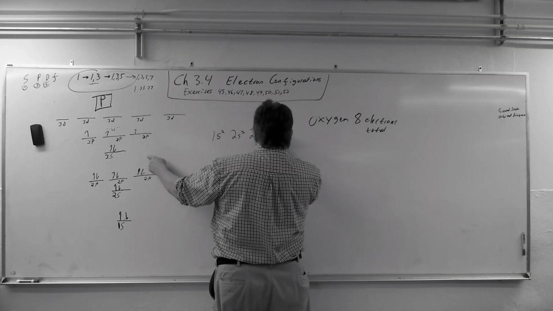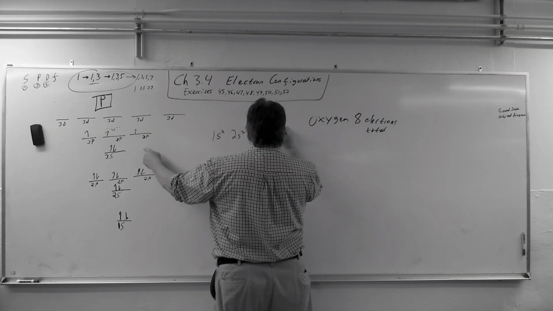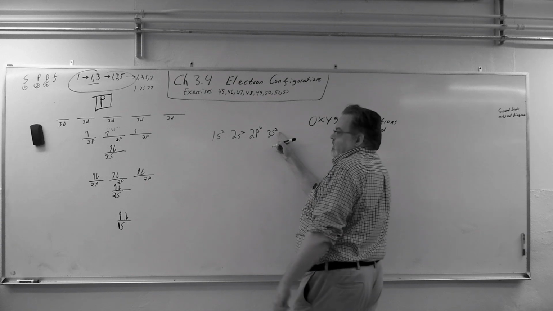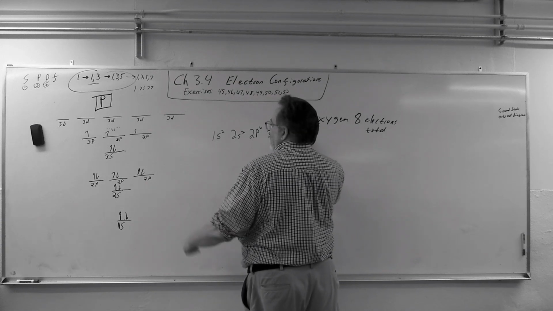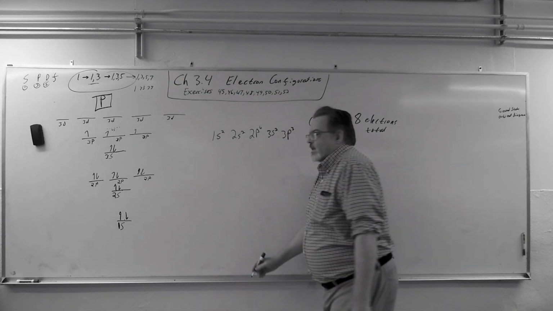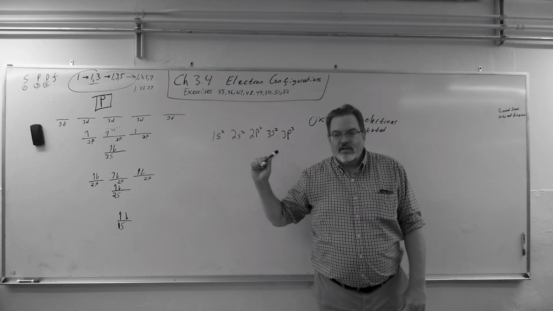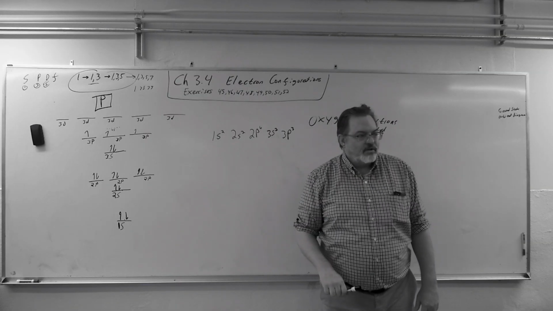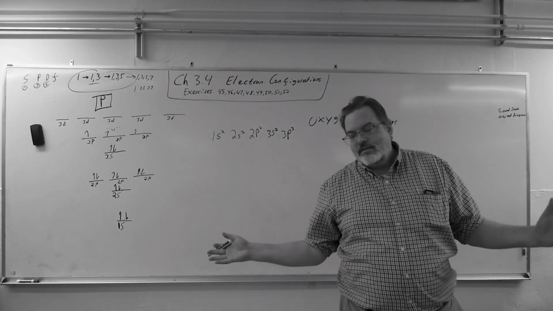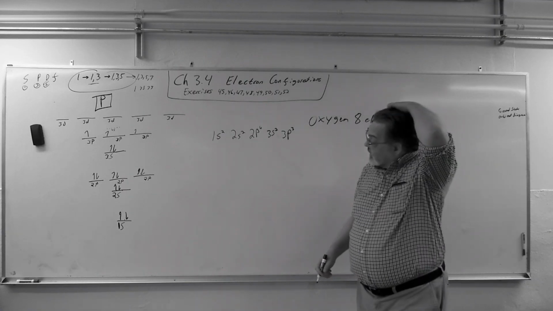And then we've got the 3s, so I'll put a 2 there because there's 2 electrons. And then we get to the 3p, we've got 1, 2, 3. That's just a different way to represent the same exact thing. It is that easy. So don't let electron configurations confuse you. These should be kind of easy on the test.